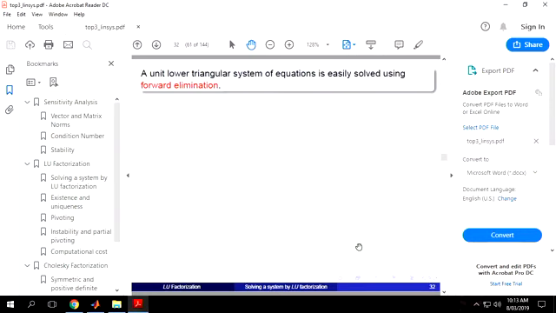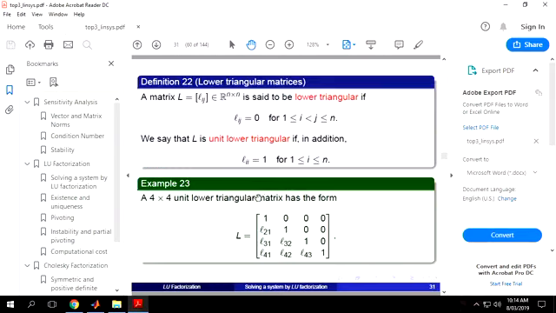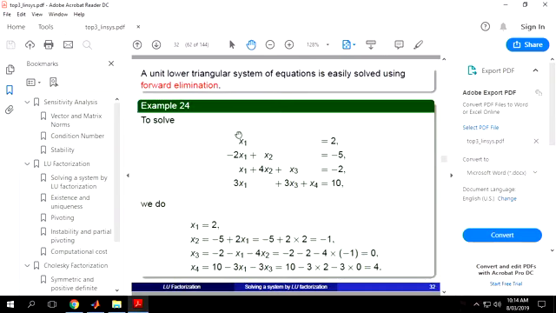So what is a lower triangular matrix when you try to solve a linear system? When you have a lower triangular matrix, then your linear system looks like this. It's the previous matrix, and suppose I have some values here, so I have this linear system.